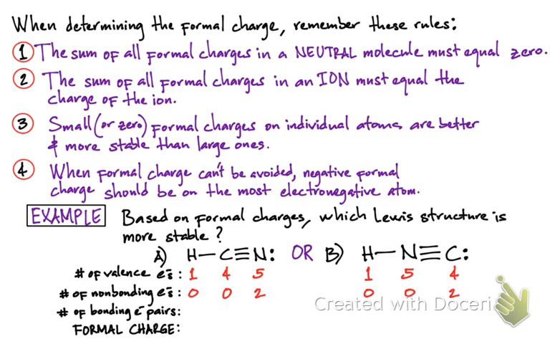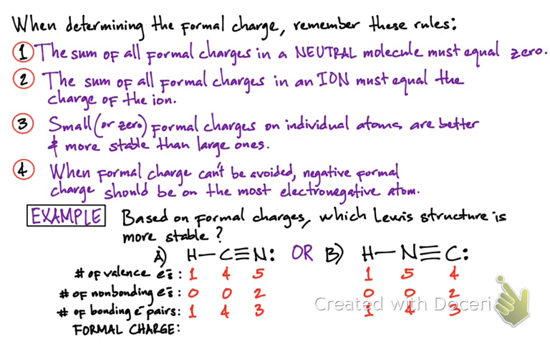And for the number of bonding electron pairs, hydrogen has 1 bonding pair, carbon has a total of 4, nitrogen has 3 bonding pairs, and then on the right-hand side, we have 1 for hydrogen, 4 for nitrogen, and 3 for carbon. Now we can use the formula for formal charge. It's basically subtracting all these numbers.